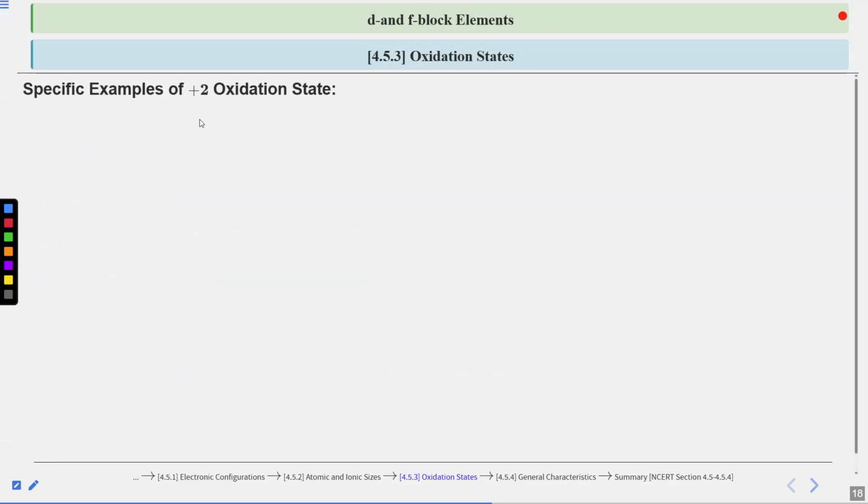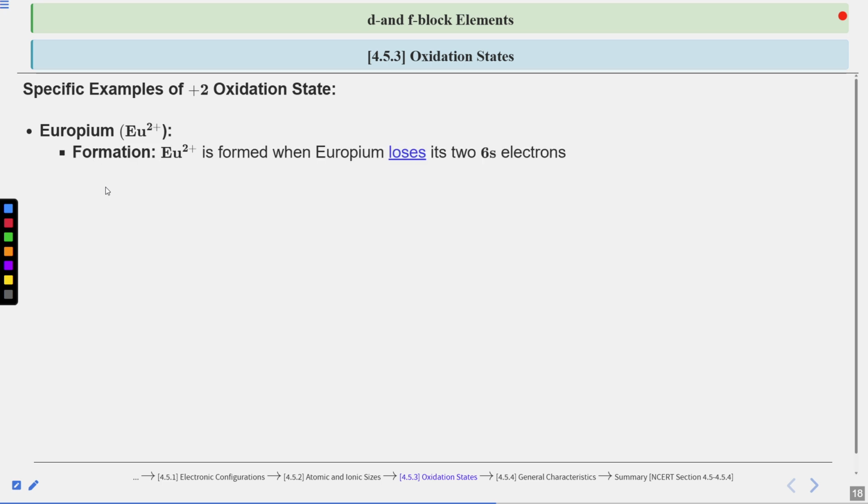Now let's talk about specific examples of the +2 oxidation state in the lanthanoids. First is europium, that is Eu2+. The formation of Eu2+ occurs when europium loses its 6s2 electrons, because 6s2 is present in every element.